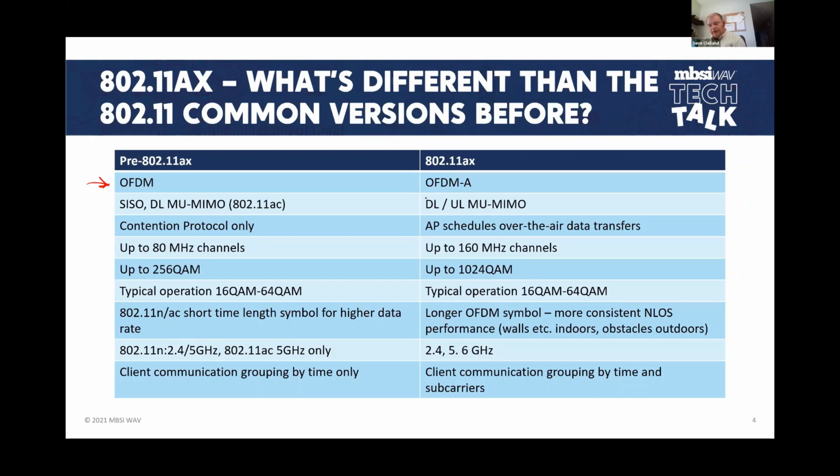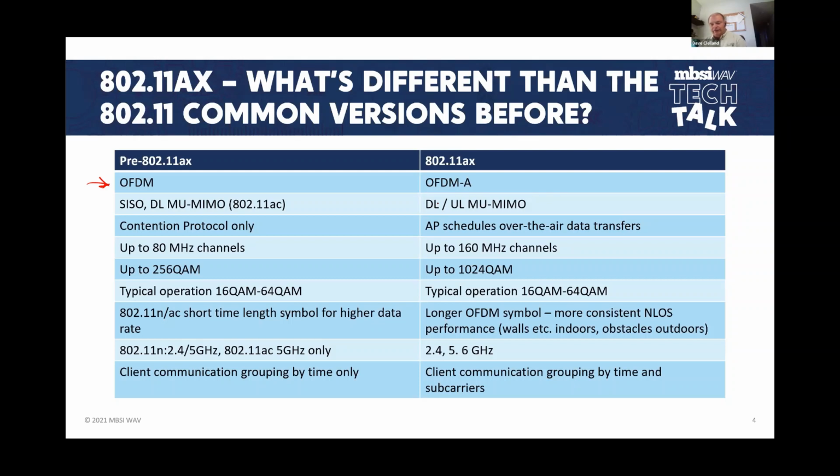So now in 802.11ax, I can have more than one subscriber device be communicated with during the frame, because I can break my frame up now into smaller segments. Depending on what the traffic load is, OFDMA can increase the efficiency a huge amount as compared to OFDM.